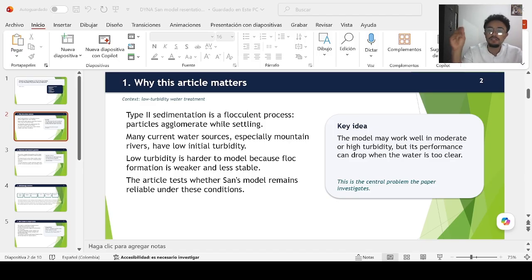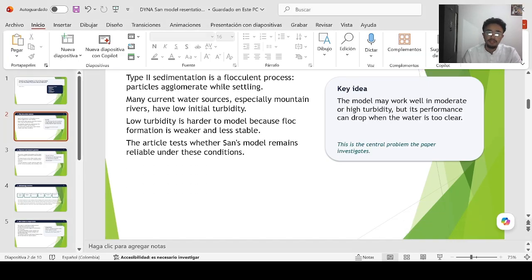This matters in practice because operators need reliable models to support decisions about treatment performance. The authors asked whether the model still works properly in that kind of water, which makes the paper directly relevant to real operating conditions. That is the reason this study is important.